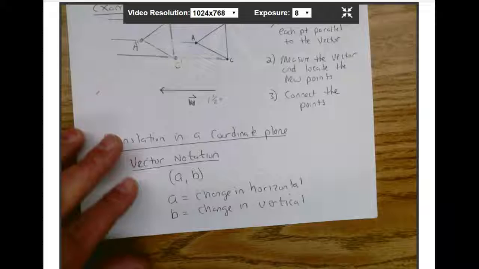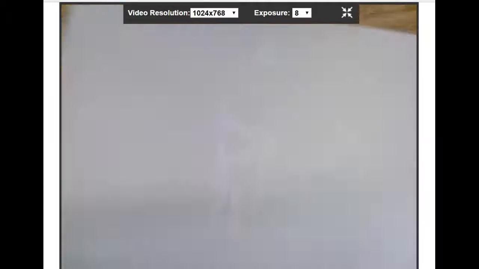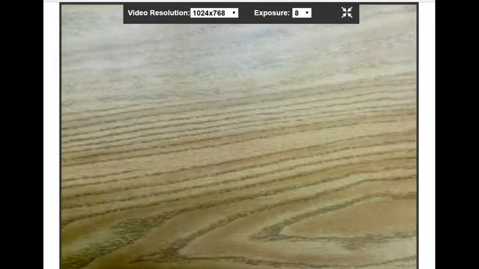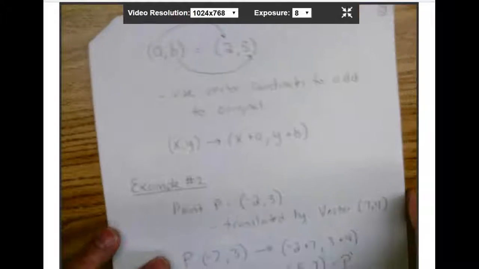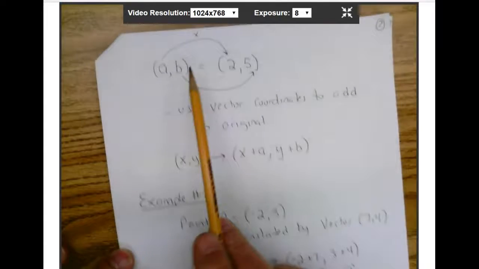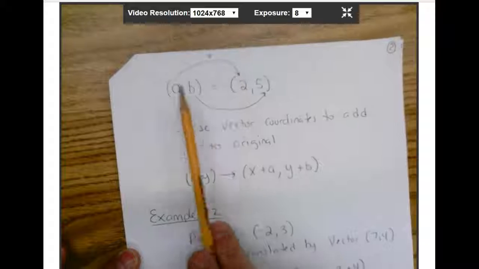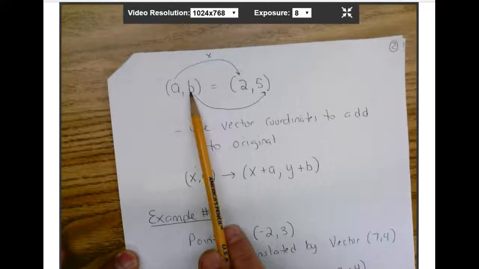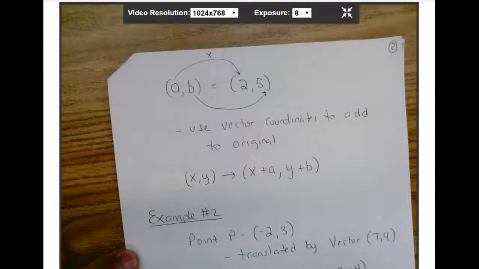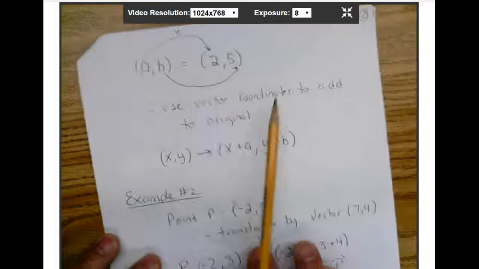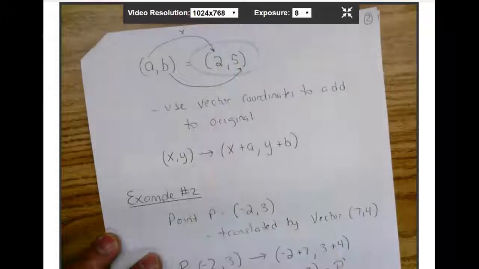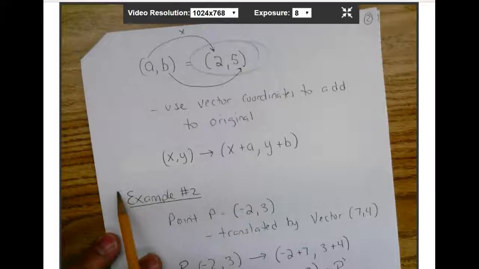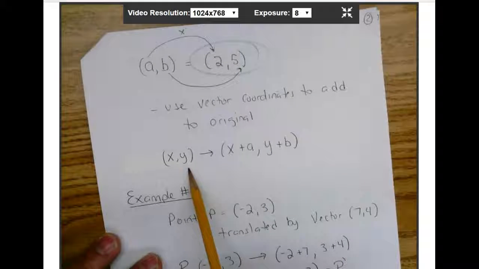So vector notation. If we continue to look at an example here, A would be the x, it'd be 2, we'd move it 2 on the x, and then B would be the y, we'd move it 5 on the y. And then what we do is we take these new vector coordinates and we add them to our original coordinates that we started with on the shape, and I'll show you an example in a minute.